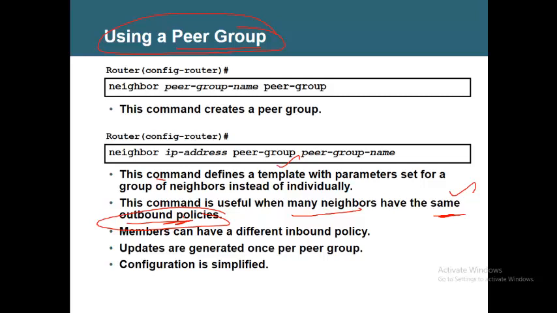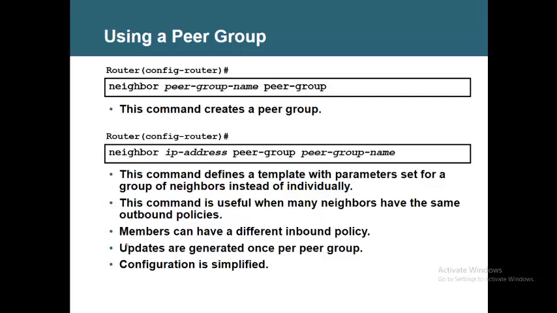Right. Well, I think I read something that said they stopped using peer group and started using something named peer template or something like that. See, peer group, peer template, all are the same. The IOS router command is peer group. But I think IOS XR has got peer template.